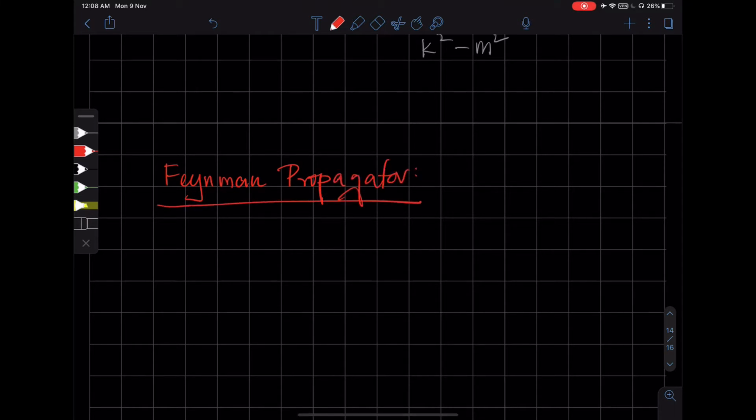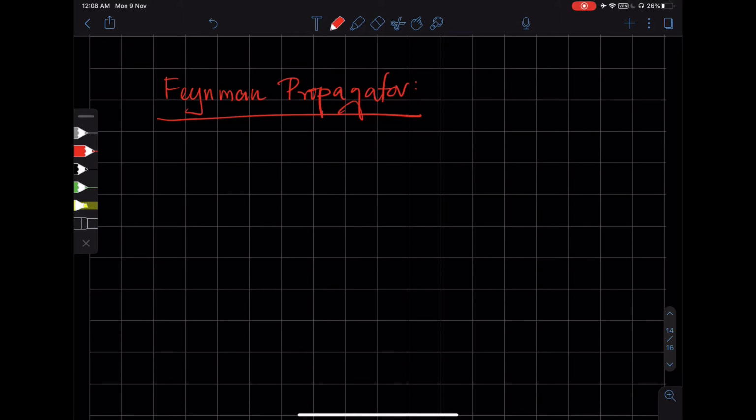It's a propagator like any other propagator, but it has its own specific boundary conditions. So the definition of the Feynman propagator for bosonic operators is the following.